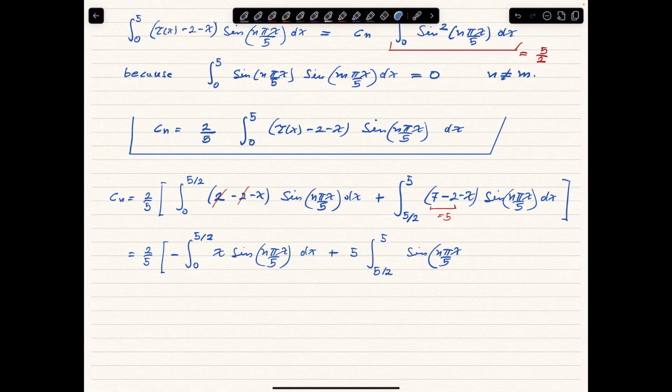What is that term? Well, the 5 here multiplied by the sine. But then we have another term that is minus x multiplied by that, so I'm going to put it here, also integrated from 5/2 to 5. So let me put here minus the integral from 5/2 to 5 of x sine of n pi x over 5 dx.